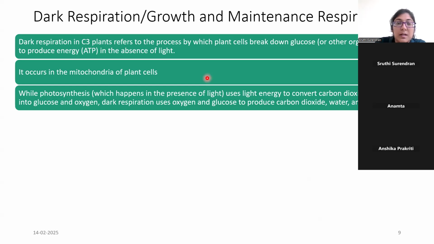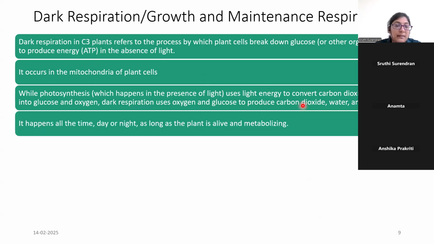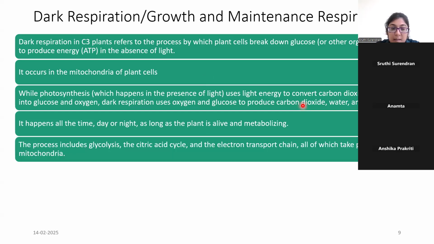When photosynthesis uses light energy to convert carbon dioxide and water into glucose and oxygen, dark respiration uses oxygen and glucose to produce carbon dioxide, water, and ATP. Like I said, it happens day and night as long as the plant is alive. There are three major stages to dark respiration.